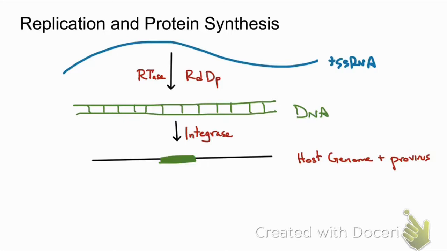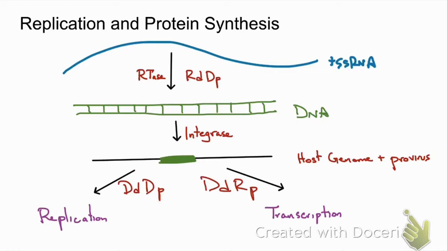At this point, we call the virus a provirus. This provirus then can either undergo replication with the host's DNA polymerase or can be transcribed with the host's RNA polymerase. And after transcription, proteins from the virus can then be translated.